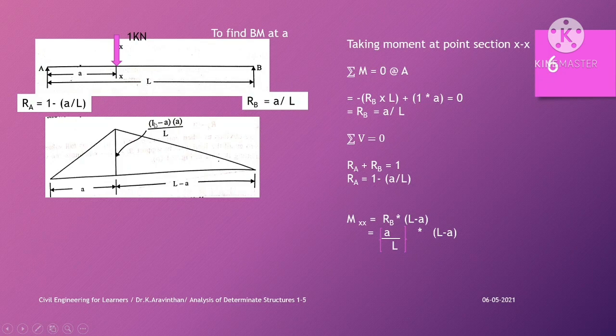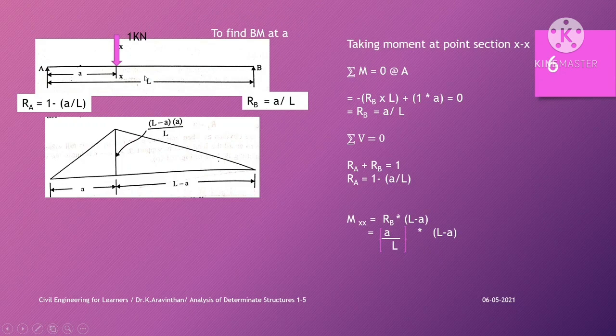So you can take L as 10 minus 3, which is 7. 7 into 3 will be 21. 21 divided by 10 will be 2.1. So 2.1 into 100 will be 210 kilonewton meter. So this will be your bending moment when 100 kilonewton is acting on a 10 meter span of your structure.